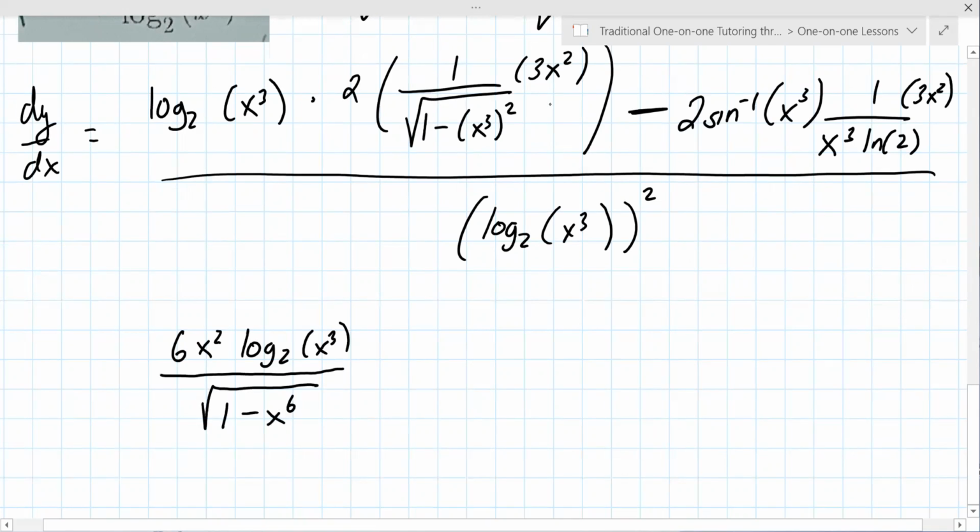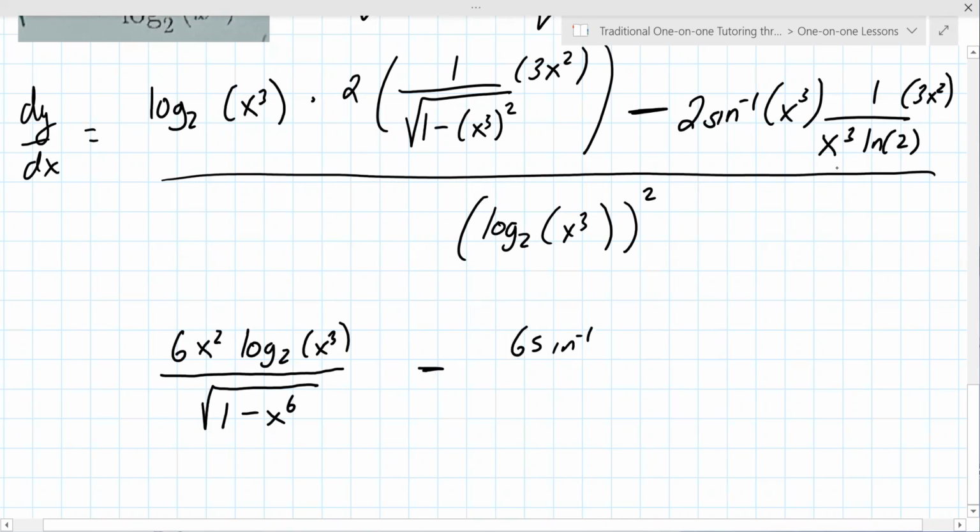So that's all of this first part, minus. This x squared and this x cubed are going to cancel. So you get 2 sine inverse. Oh, I'm sorry, the 2 times the 3 is going to make 6.